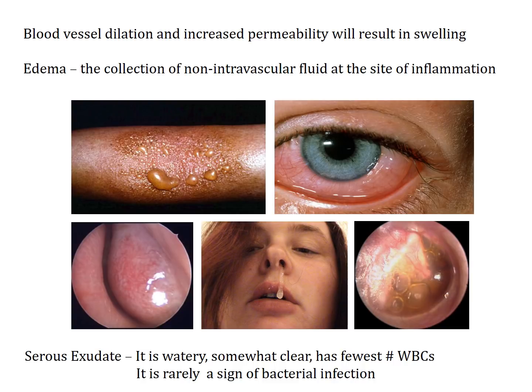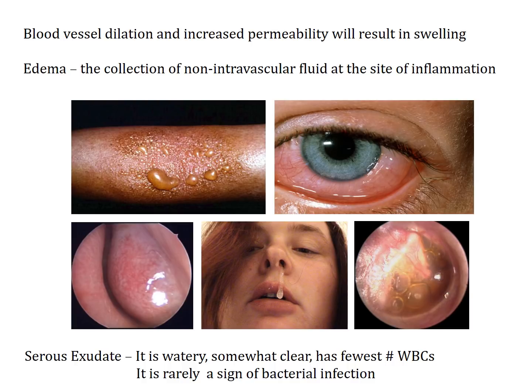More inflammation, right? Dermatitis, conjunctivitis, rhinitis, otitis. That picture at the bottom right is an inflamed tympanic membrane. So inflamed tympanic membrane, otitis, because that's the middle ear, otitis media, right?